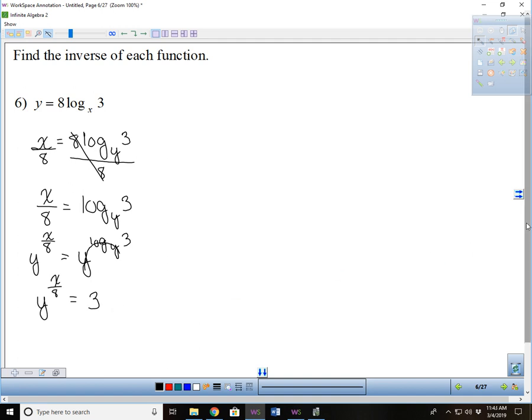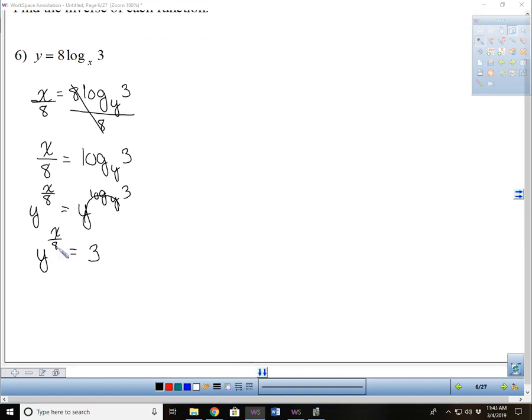Well, this is kind of a problem because we want the y by itself. Okay? So we need to think, to get y by itself, that would mean that I would have y to the first power. So I need to think about how I could manipulate this to get a y to the power of 1. Well, I know that anytime I multiply two inverses together, I get a 1. So in other words, if I did like 2 over 3 times 3 over 2, that's 6 over 6, which is 1.